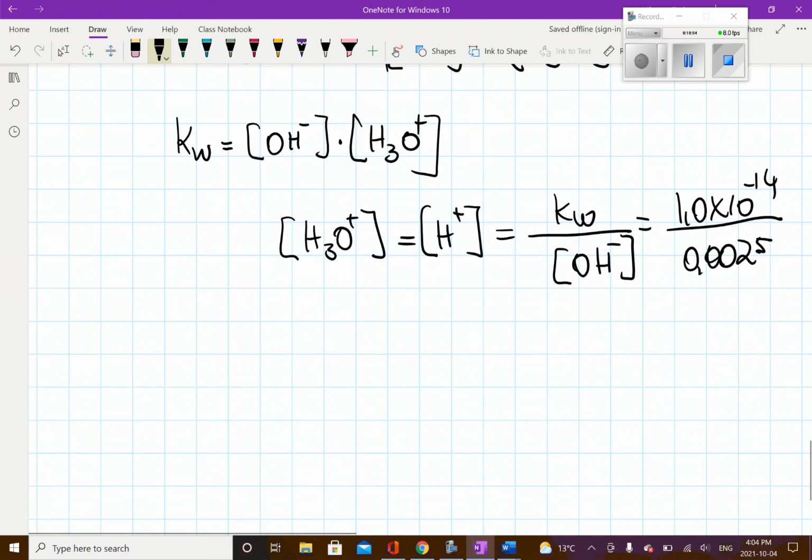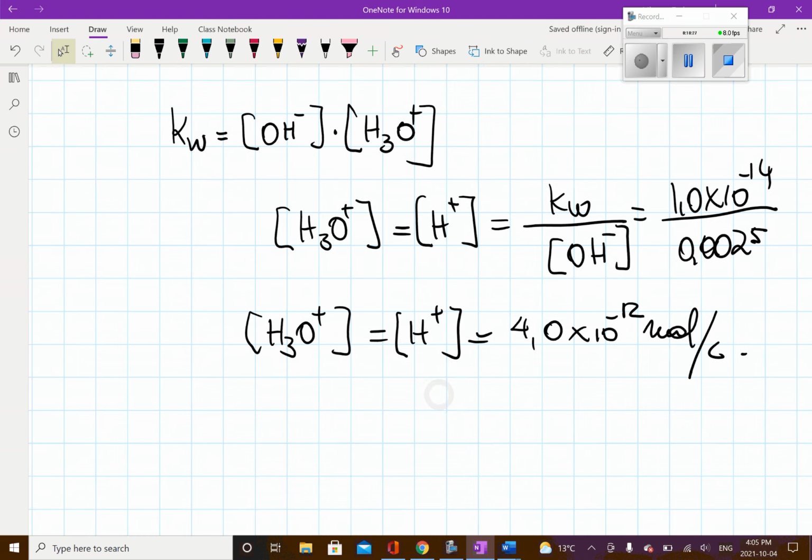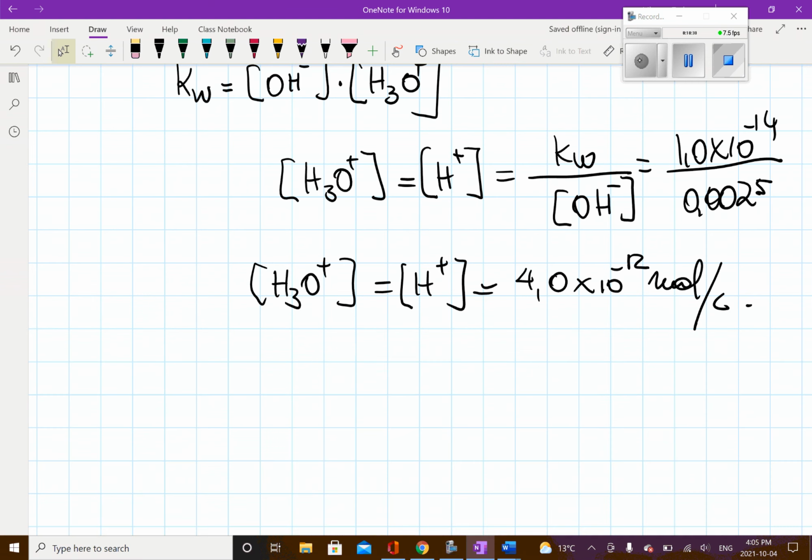When you enter this in your calculator, the concentration of hydronium will be 4.0 times 10 to the power of negative 12 moles per liter. This is how we use the auto-ionization of water.